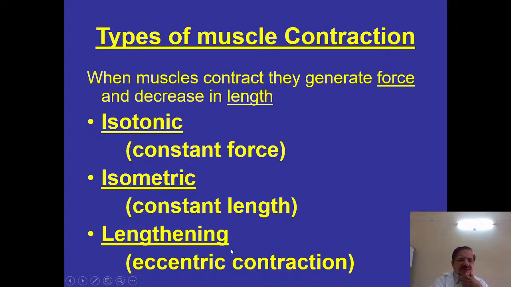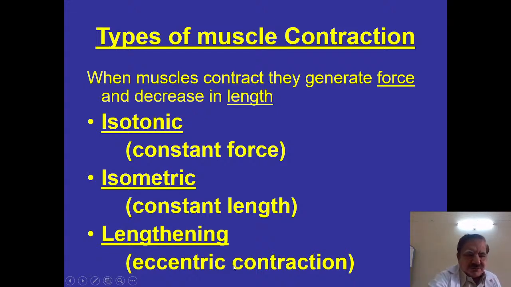So in isotonic there are concentric muscle contraction and eccentric muscle contraction, that is shortening and lengthening. Shortening of the muscle is there and lengthening of the muscle is there. That is isotonic contraction.